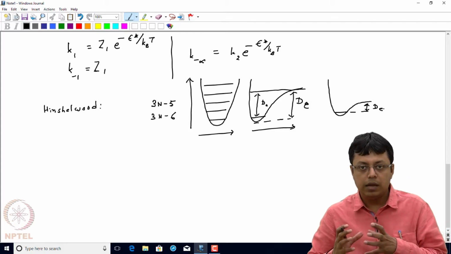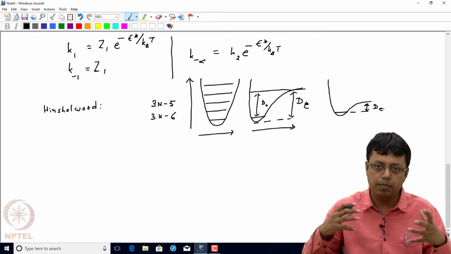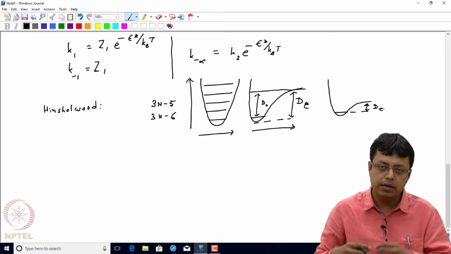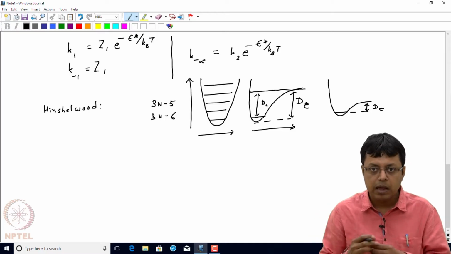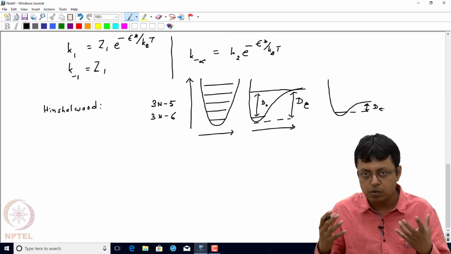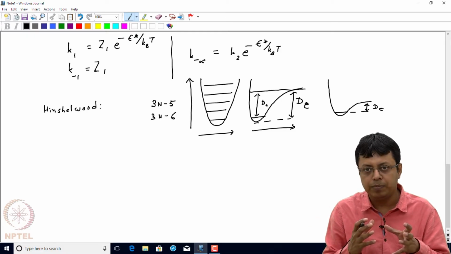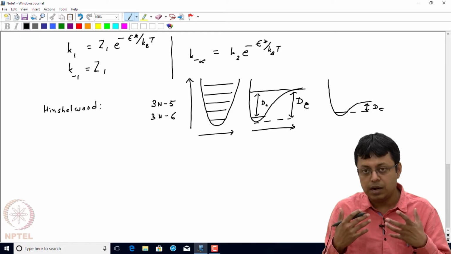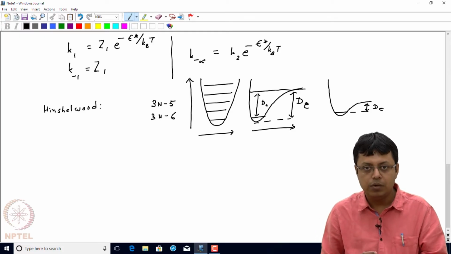So the idea is that when you energize a molecule which has many bonds or many vibrational degrees of freedom, first the energy gets randomized among all the vibrational modes, and then the weakest bond breaks, and that will form the starting point for the next level of theory, which is known as the RRK theory.